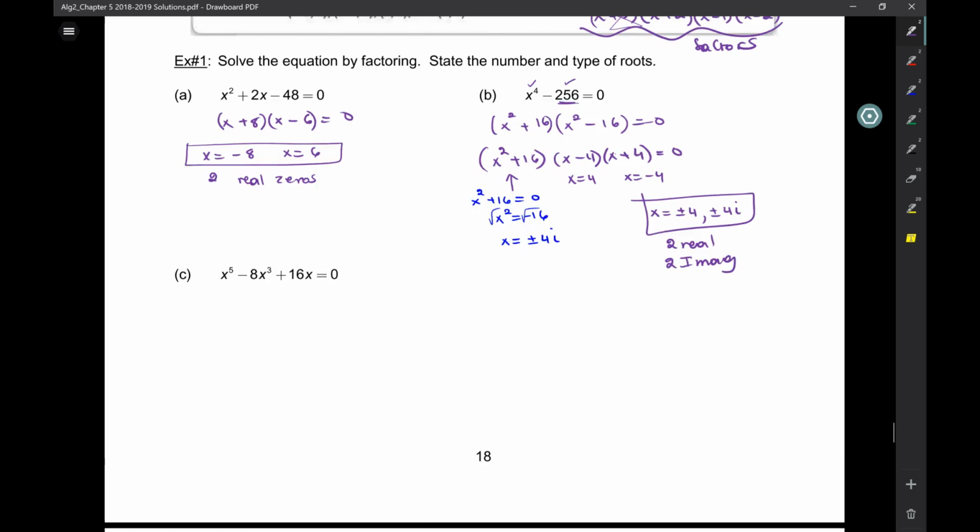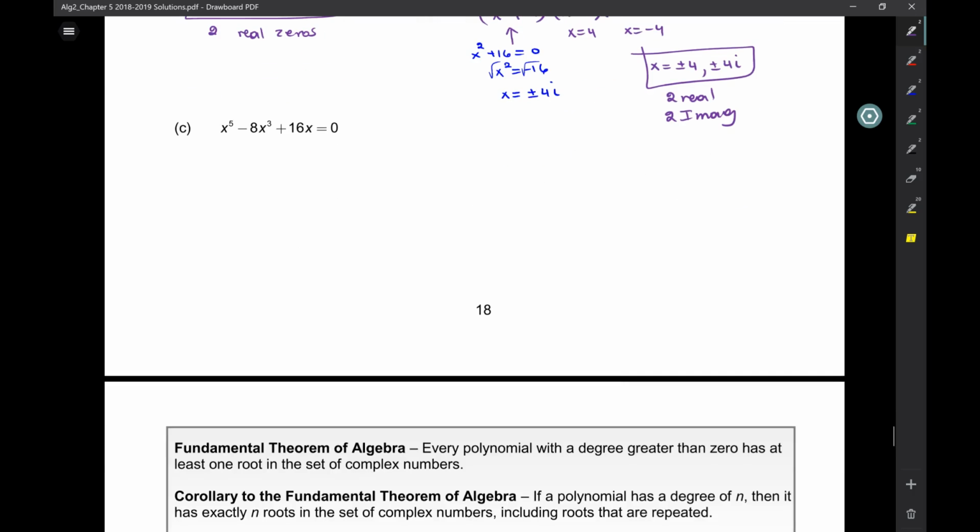Okay? All right. How can we factor this? What do we do first? Take out the x. Good, and I have x to the 4 minus 8x squared plus 16. All right, here. Is 16 a perfect square? Yeah. Is x to the 4 a perfect square?